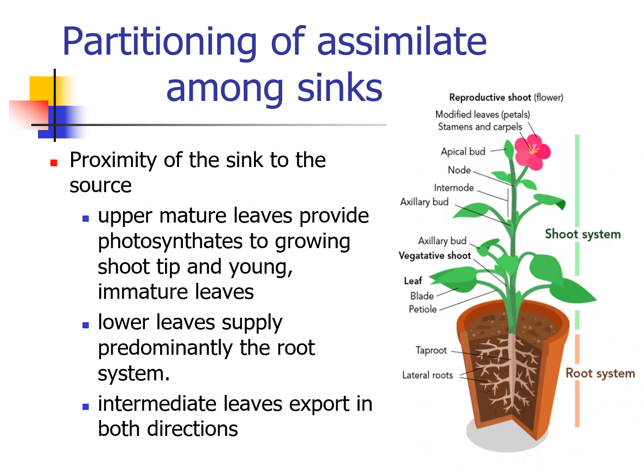The lower leaves supply photosynthate predominantly to the root system. Intermediate leaves, on the other hand, export photosynthate in both directions, that is, towards the tip and towards the base.